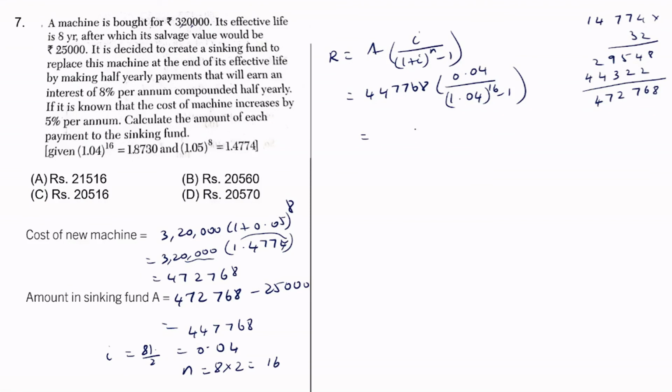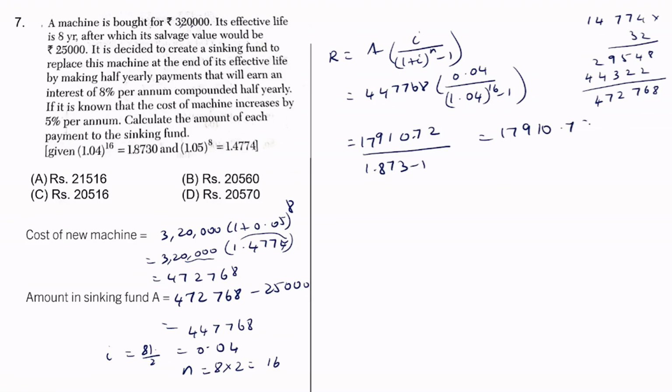So when we simplify this, it is 17,910.72 upon 1.04 the whole raised to 16, which is 1.873, minus 1.